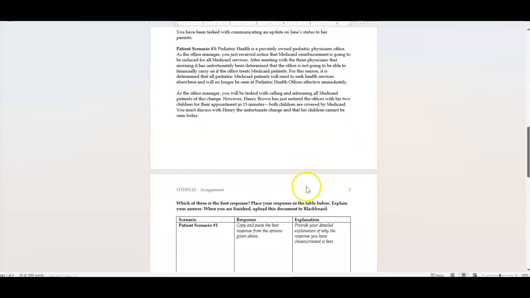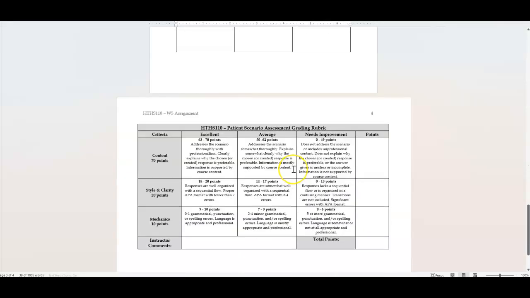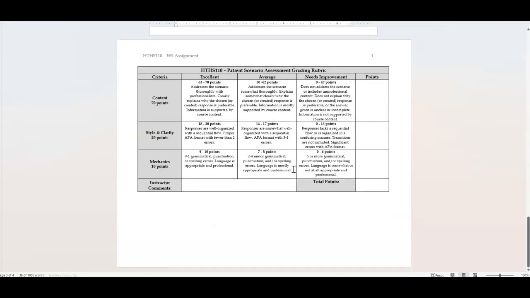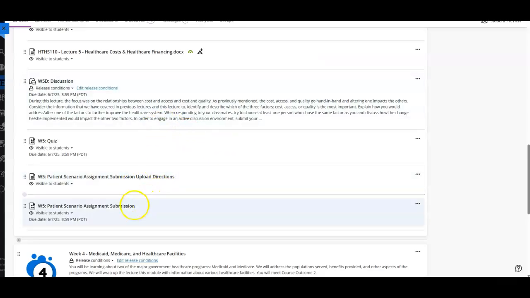You are going to use the template that is here in the instructions. And just for your information, here's the grading rubric, what I'm going to be using when I am evaluating your submission. So you can do it right here in this template and then upload it. Okay. The spot where you are going to upload it is right here.